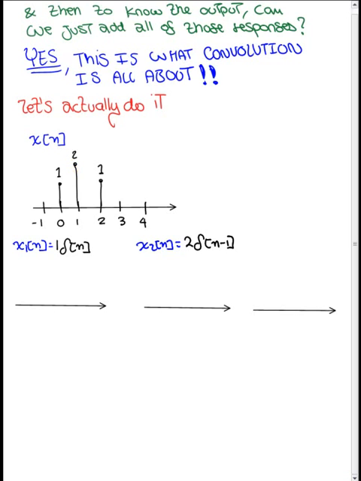Alright, now x3 of n is going to be 1 times an impulse shifted by 2. So an impulse shifted by 2 and multiplied by 1. There we go.